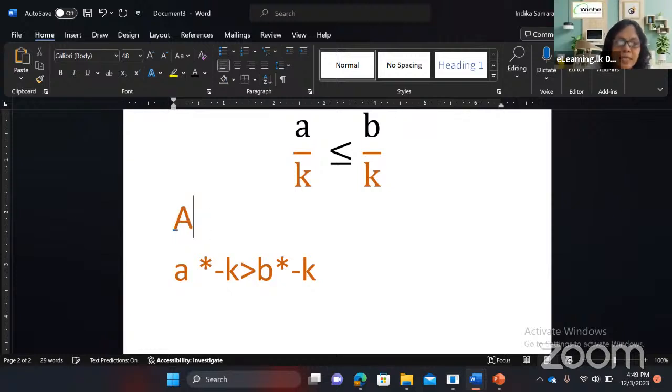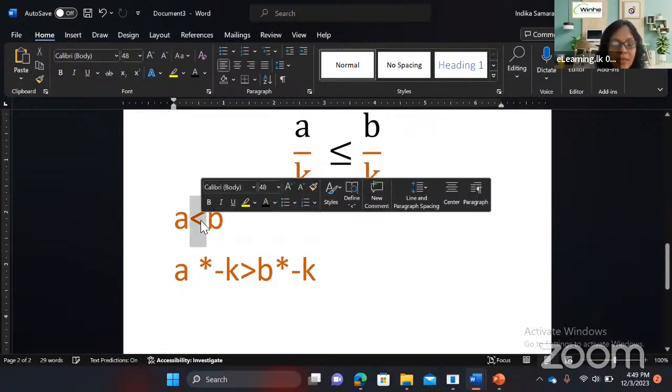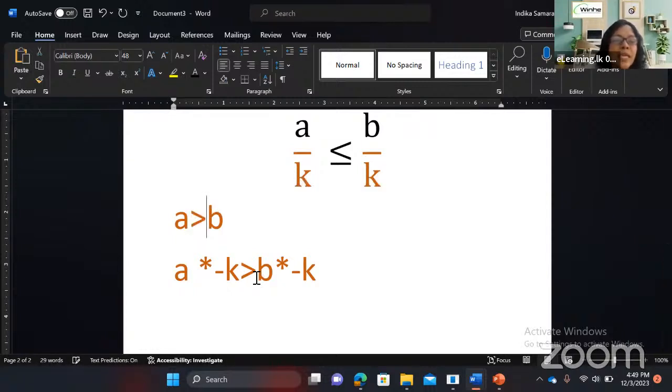When A is less than B, if you multiply both sides by a minus value, then the sign will change. If A is greater than B, if you multiply both sides by a minus value, then the sign will change the other way around, right?